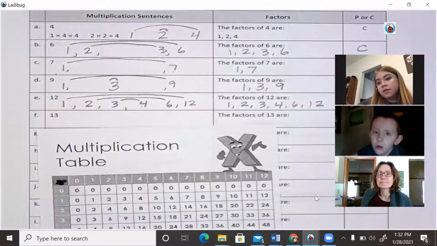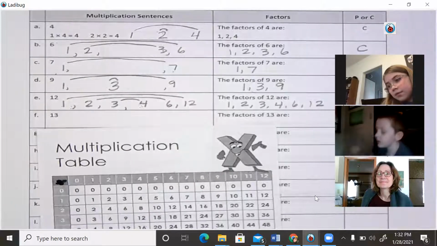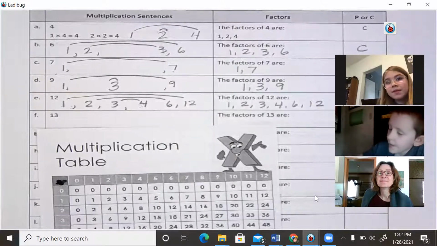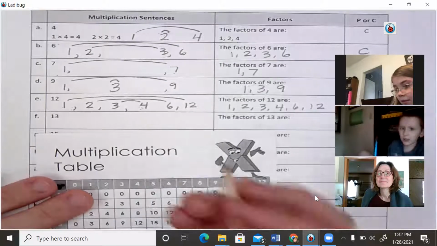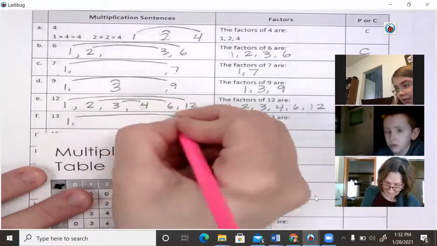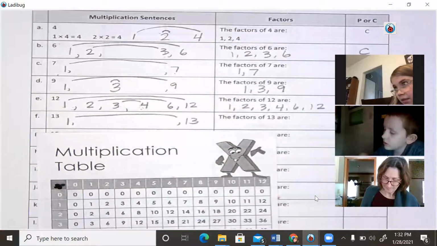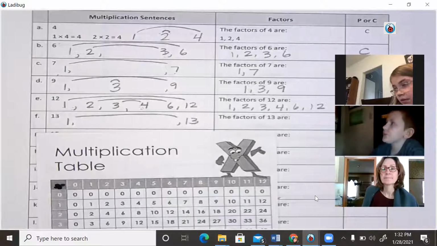Okay, Nevaeh. Letter F, 13. You've been practicing your facts? You think you know everything that equals 13? All right, let's go. What's my first one? 1 times 13. Okay. How about 2? Remember what I said about even?